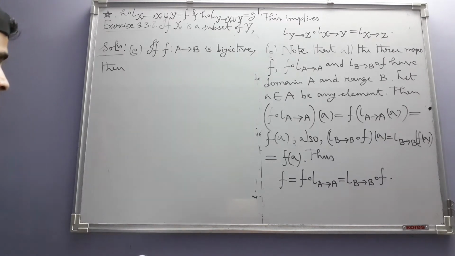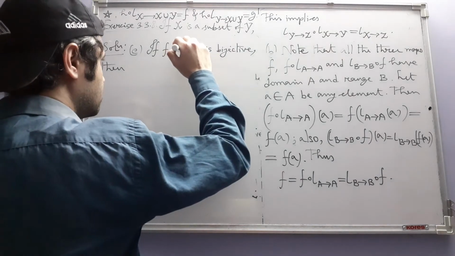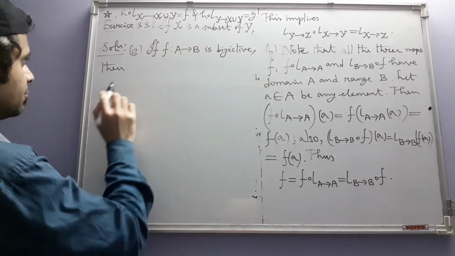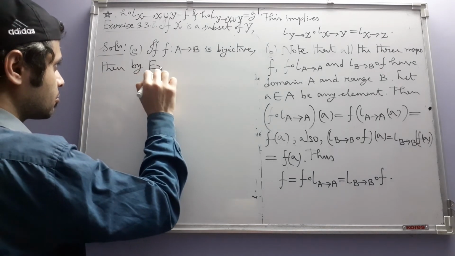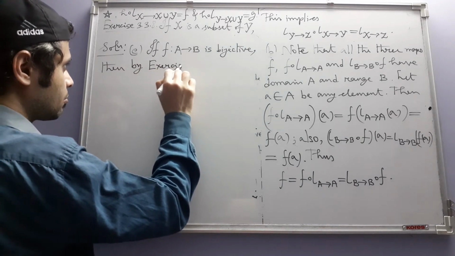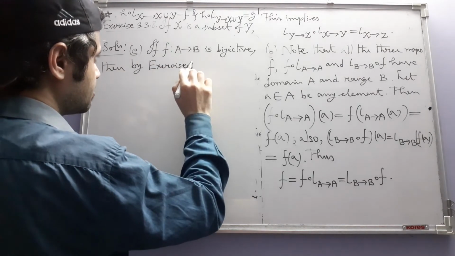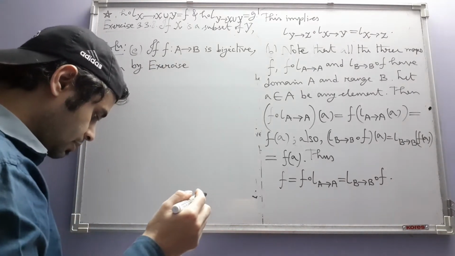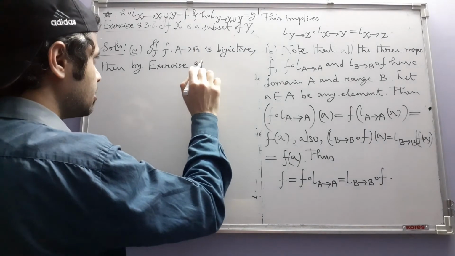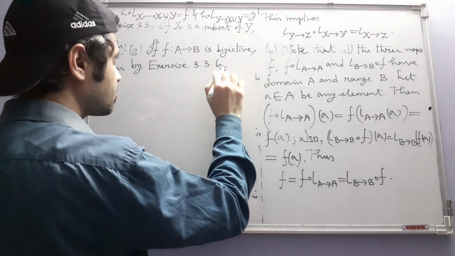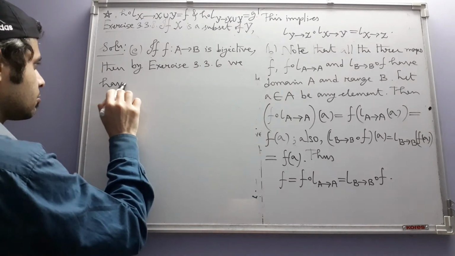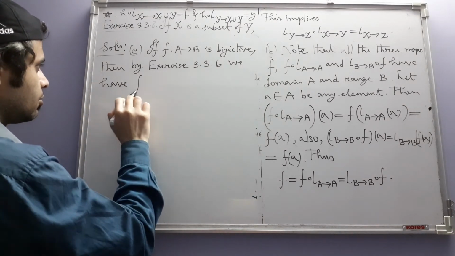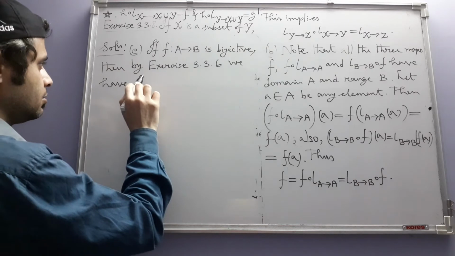we can mention, if we want to be specific, that by exercise number 336, the sixth one, we have, okay, let us recall what we had there.